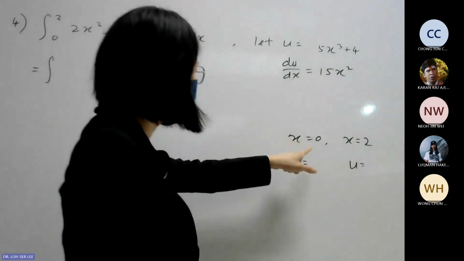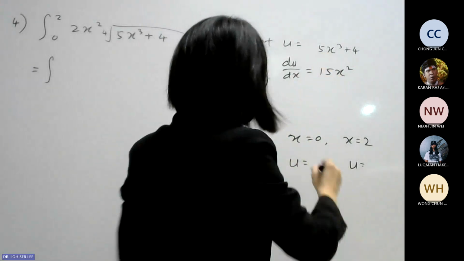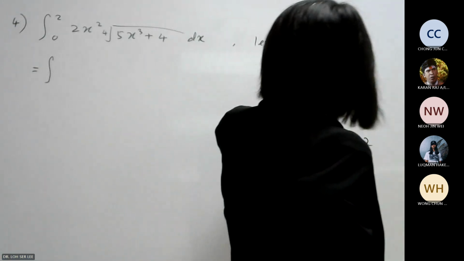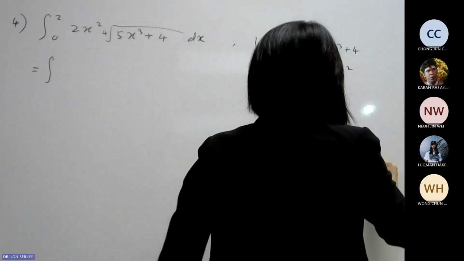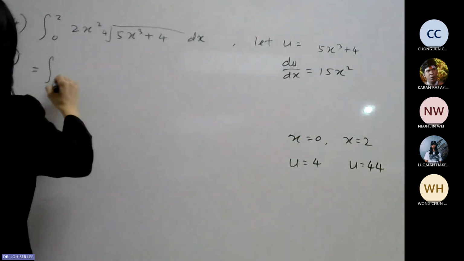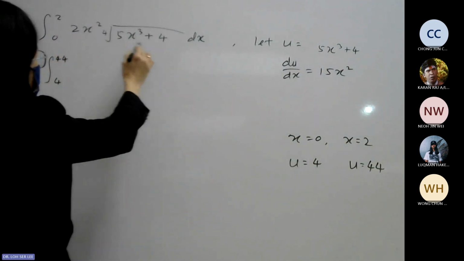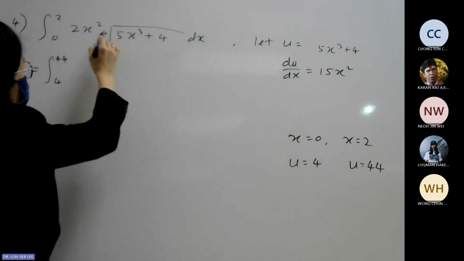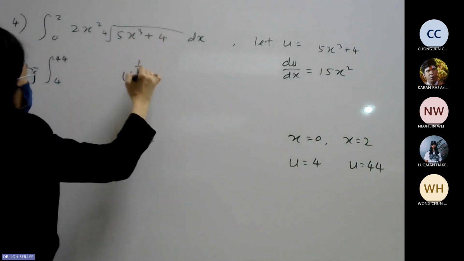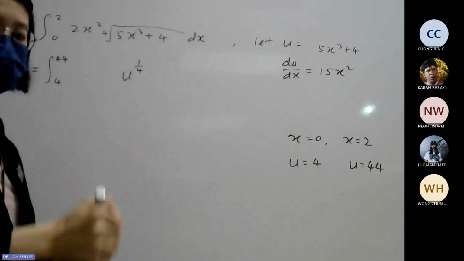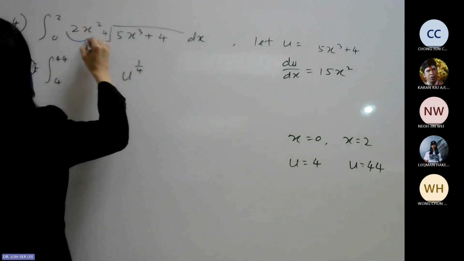Okay, when x is 0, u is 4. When x is 2, u is 44. That means 4 to 44. So here, this is your u to the power of 1 over 4, and then we still have this.